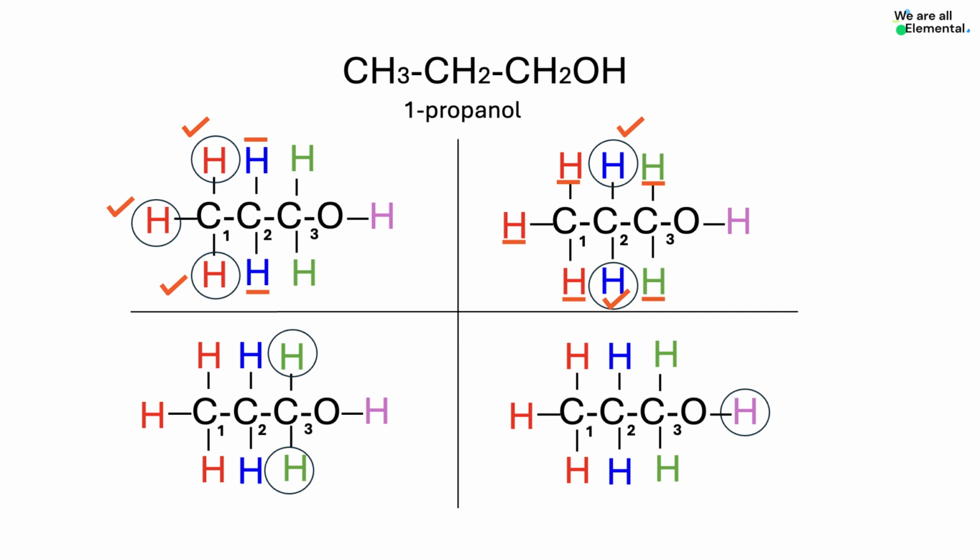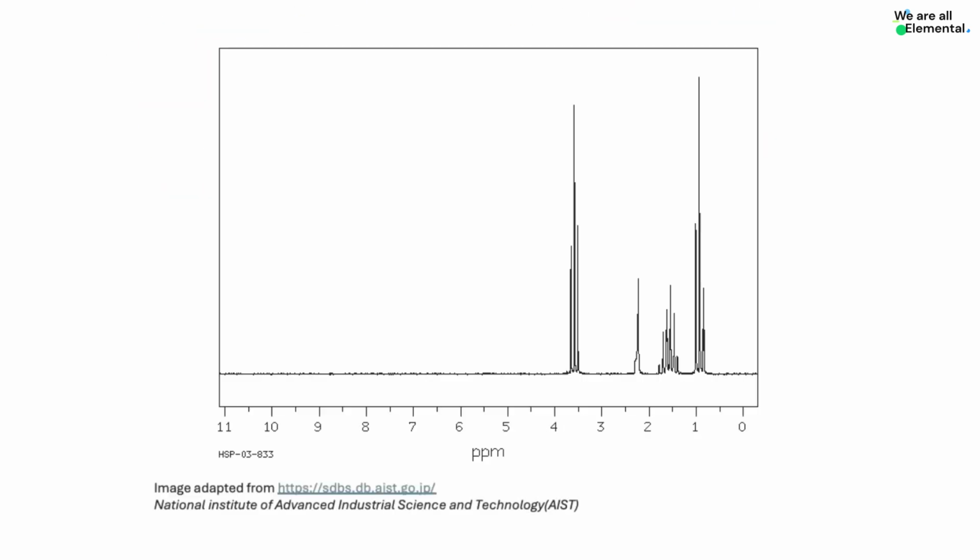So they have a different chemical environment to the protons on carbon 1. In carbon 3, they have different chemical environments, 2 protons on one side and 1 oxygen on the other side. 1 proton is attached to the oxygen, so its chemical environment is very different from the protons attached to the 3 carbons. So you should expect 4 different signals in this spectrum, and this is the HNMR spectrum of ethanol.